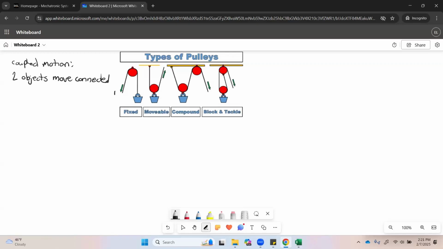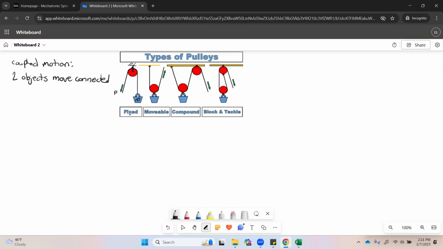So pulling force P, and then we have mass M for the object. So this is a fixed pulley, which means that the pulley is mounted up on the ceiling. They didn't really draw the ceiling in that picture, but here, the pulley is mounted to the ceiling. The pulley does not move. So the person pulls, the mass rises.